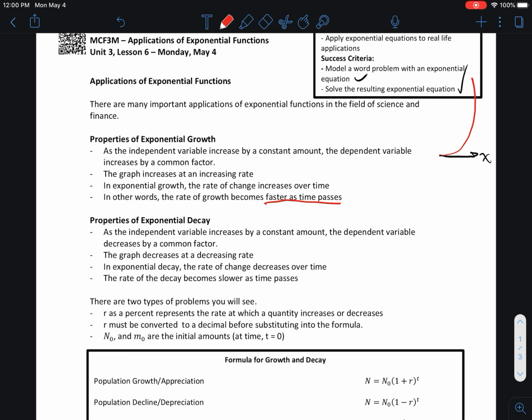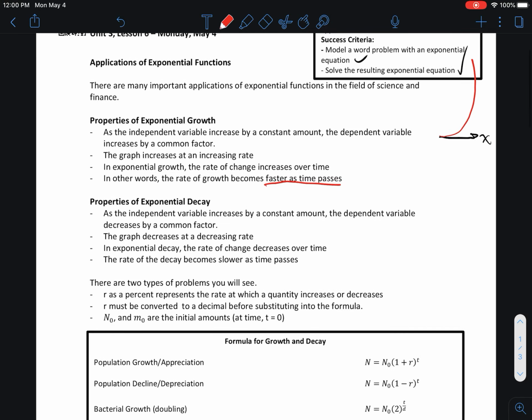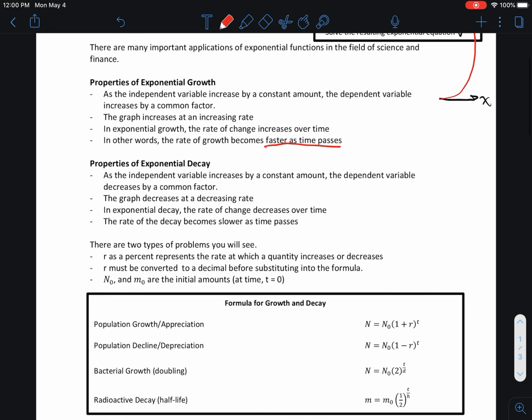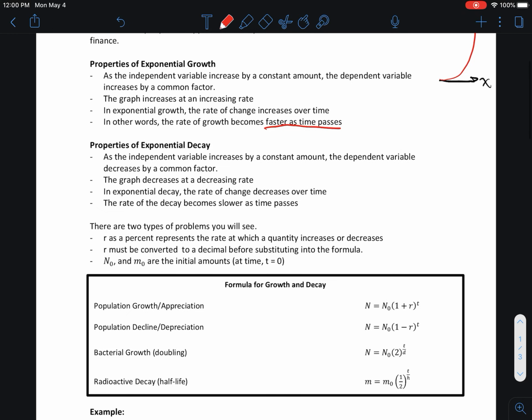With properties of exponential decay, it's virtually identical, except this time we're decaying, so we're losing whatever it is, if it's a population or if we're losing money, right? So it's decreasing by a common factor this time. The graph is decreasing at a decreasing rate.